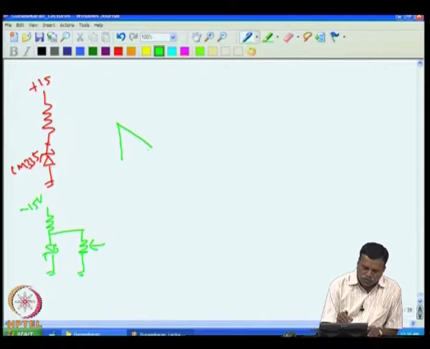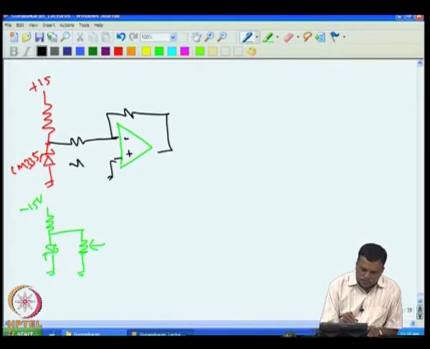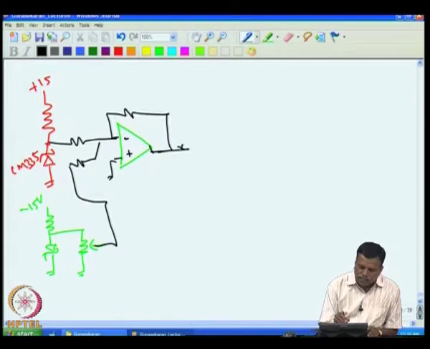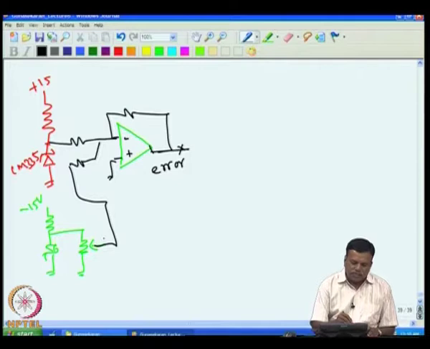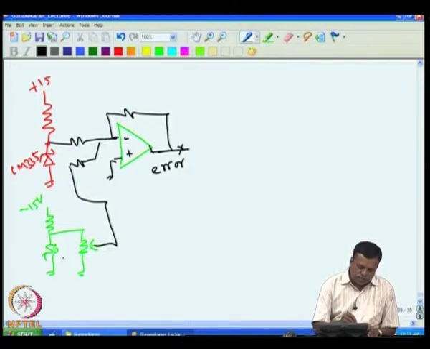It is similar to what we have done with the proportional temperature controller. So, we find the difference between these two, and you will get the error voltage here, that is the difference between the set temperature and the actual temperature. This is a Zener voltage, Zener.